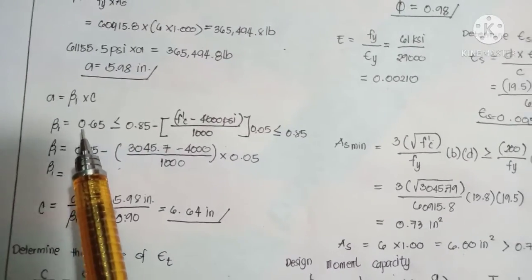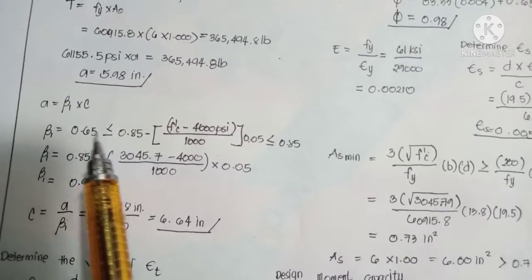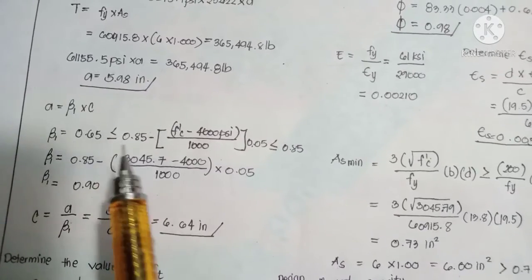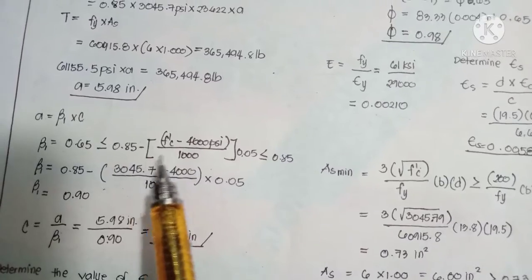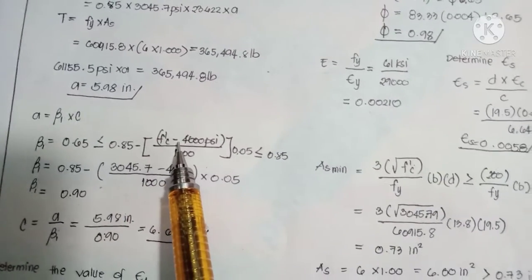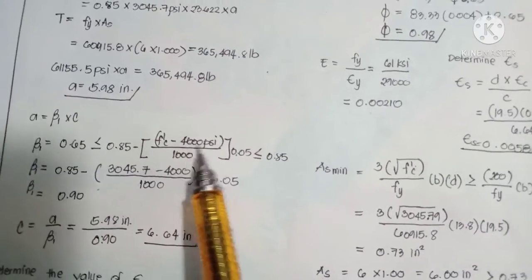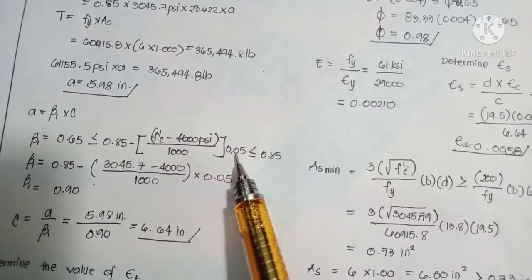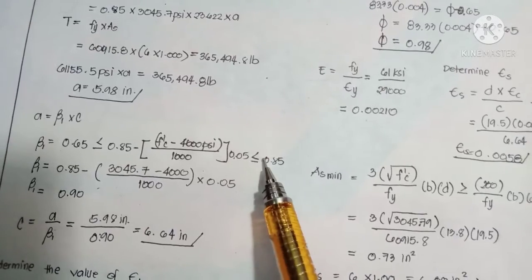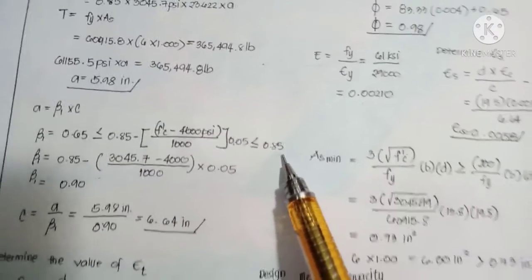10.2.7.3. So we have here the formula for beta 1, which is 0.65 less than or equal to 0.85 minus the quantity of f'c minus 4,000 psi divided by 1,000 multiplied by 0.05, less than or equal to 0.85.